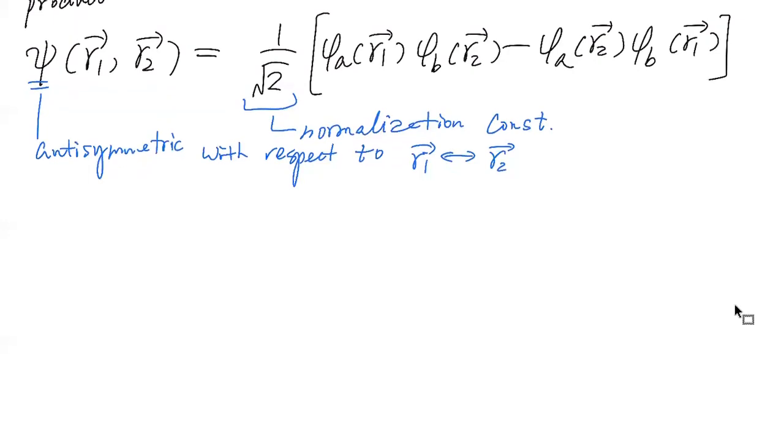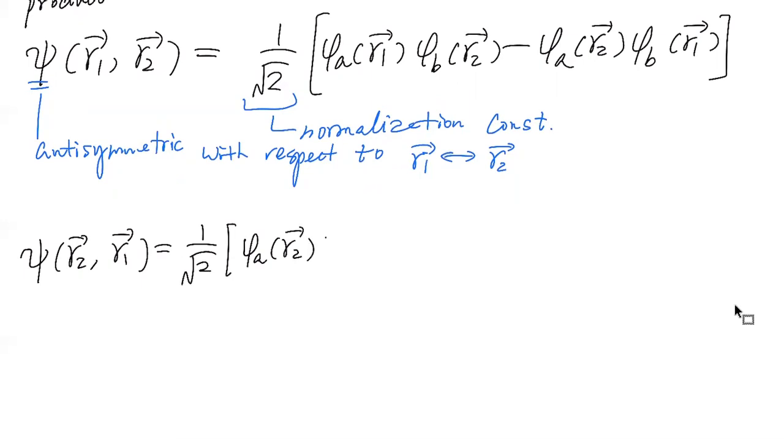Right? You can easily see this. Now, if we exchange the label to R2, R1, then you have 1 over square root 2 times phi A R2 phi B R1 minus phi A R1 phi B R2.